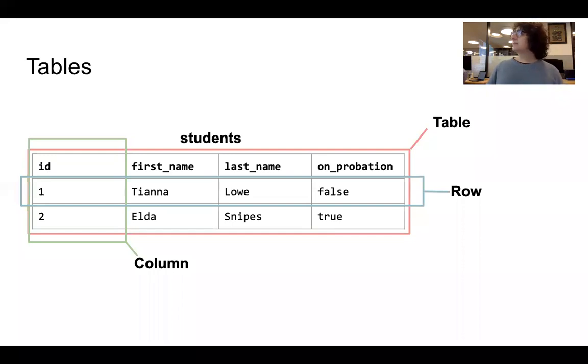A table can represent a lot of things. In this case, it's representing students. But what other things could you represent with a table? Spitballing here. Budget transactions. That's a good one. What else?